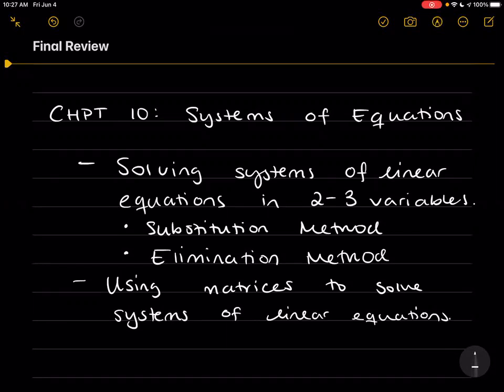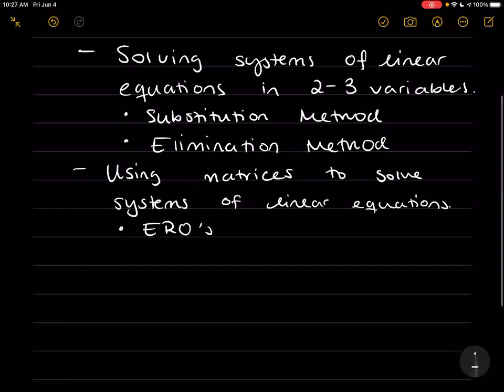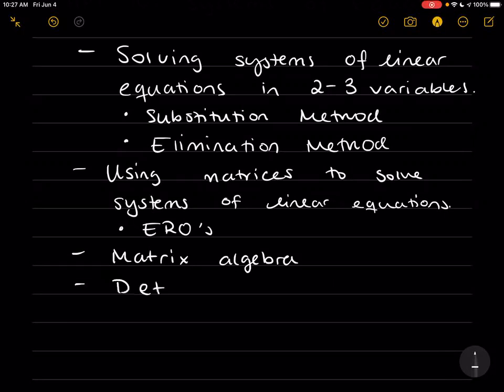In particular, we talked about using elementary row operations to do so, EROs. And then after we introduced the idea of matrices, we also talked about matrix algebra. We also talked about determinants of matrices. And lastly, we discussed Cramer's rule.